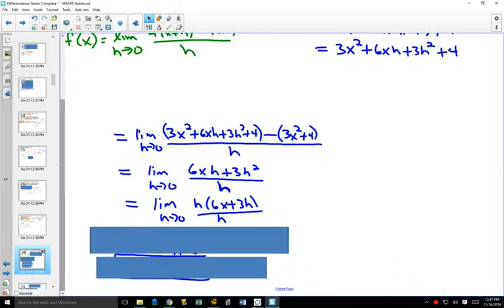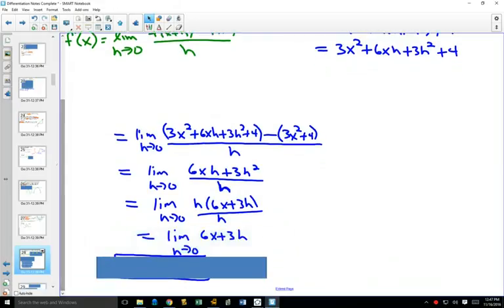And once it's factored out, those h's can cancel. You can even draw a line through them if you like. And that's going to be key, because once you can cancel that h out on the bottom, now you're no longer dividing by 0 if you plug in 0 for h.